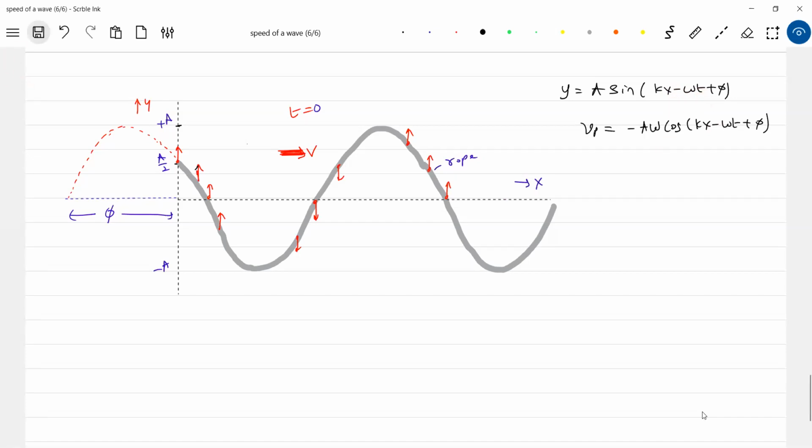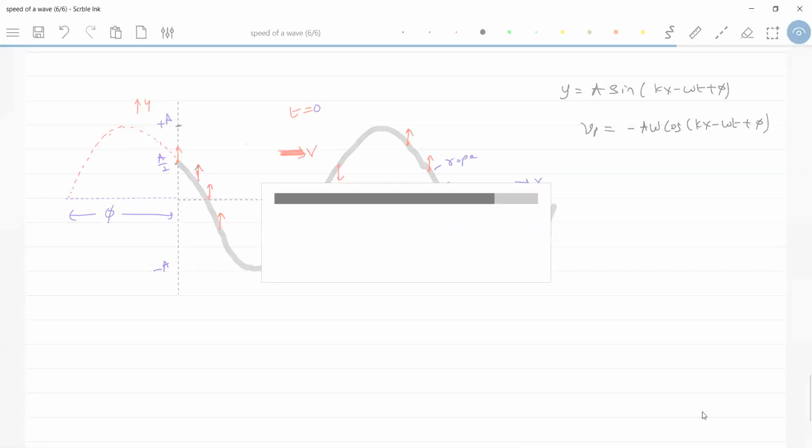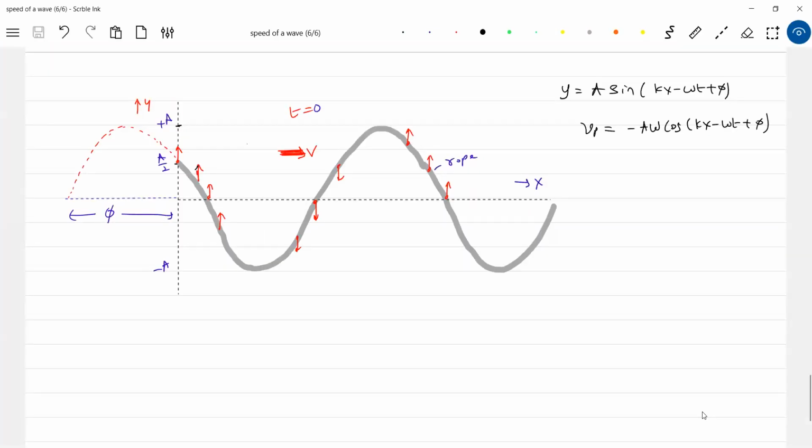Anybody? I think your trigonometry should come into the picture rather than the physics teacher. A physics teacher knows only waves and sound, how to draw a rope, that's all. As x increases, y will decrease. Okay, somebody is suggesting, I'll write it, no problem: omega t minus kx plus phi.